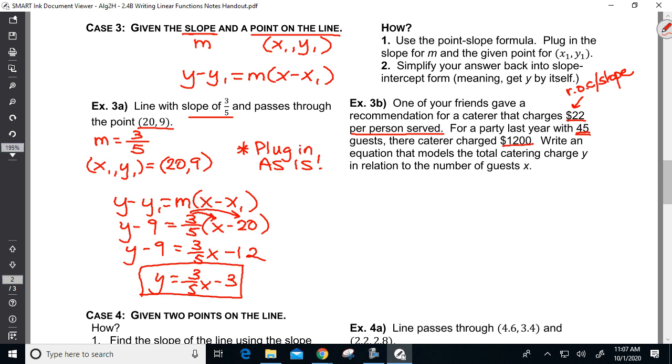The 45 and the 1200 were not given to you for no reason. So they told you that the total catering charge is equal to Y, and that the number of guests was X. So since there were 45 guests and you were charged 1,200, that means you have a slope of 22 and you have a point of 45, comma, 1,200.